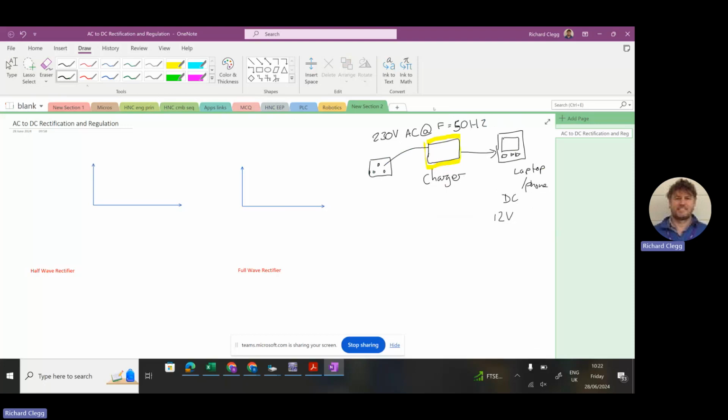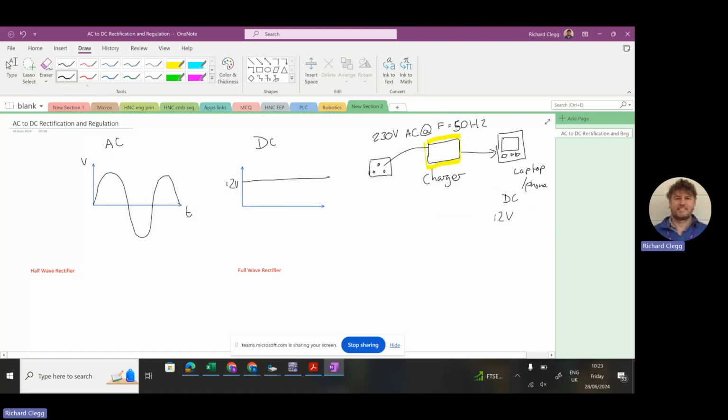This is where the rectification and regulation happen, a function that translates AC to DC. We talked about AC and DC in an earlier session. AC will generally have the waveform of a continuous sine wave, and DC is a flat level, so that will be your 12 volts in here.